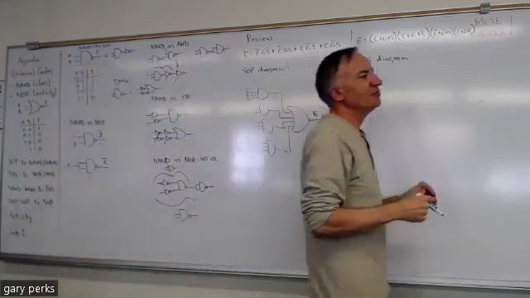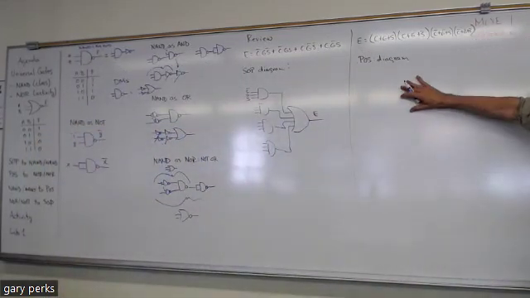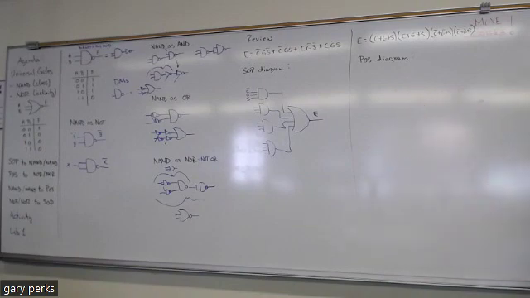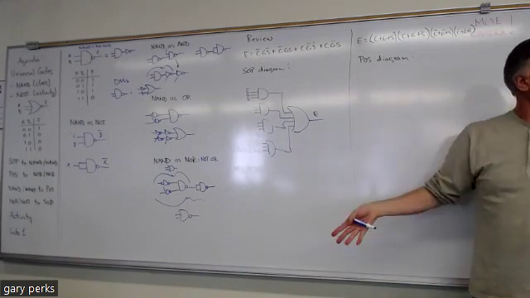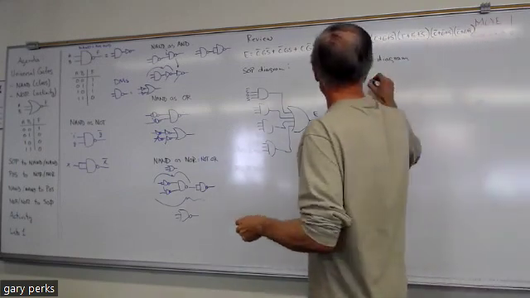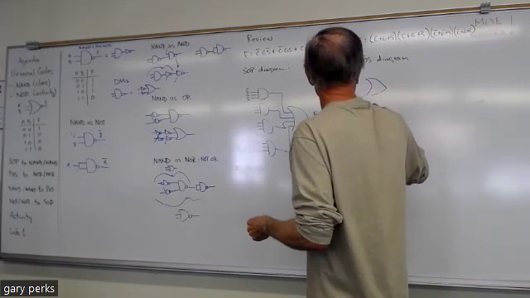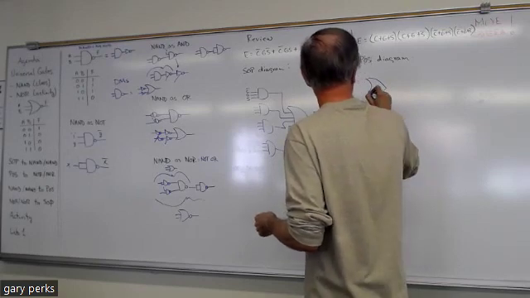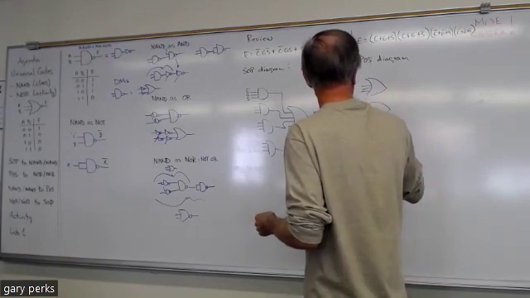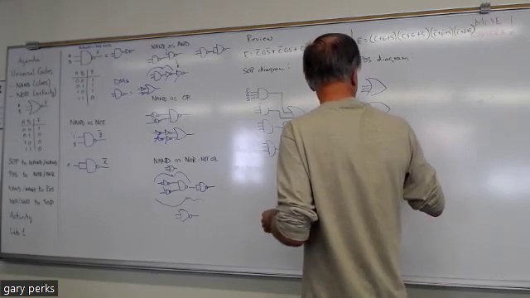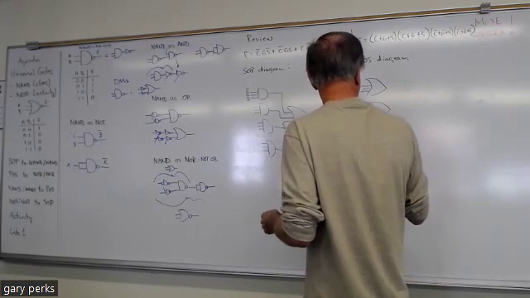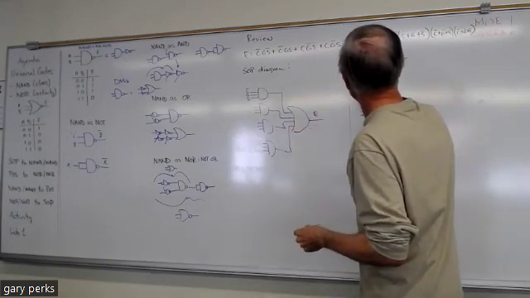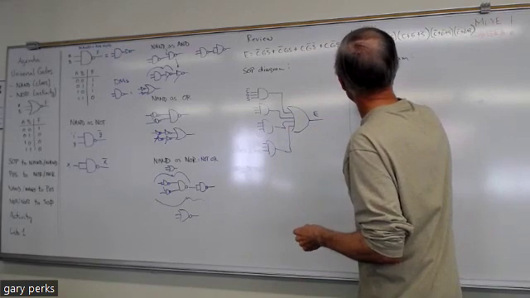How about product of sums? What's a product of sums circuit going to look like? What kind of gates are we going to have there? It's going to be multiple OR gates to get each of the terms. Each one of these OR gates will give us a term.